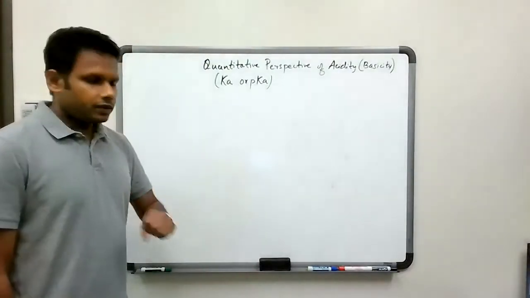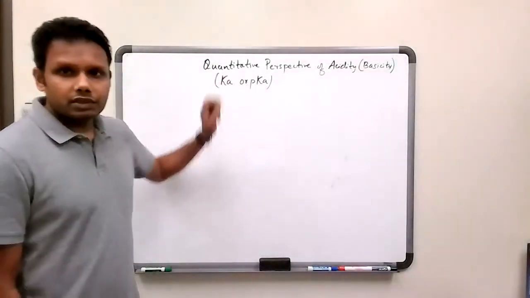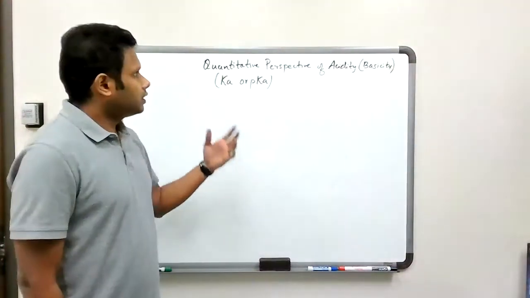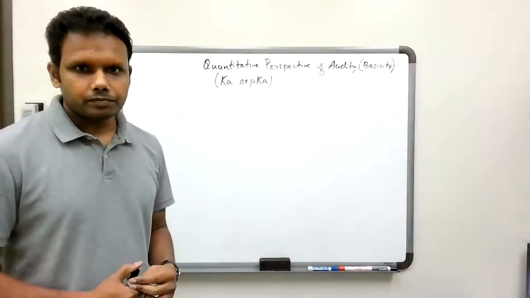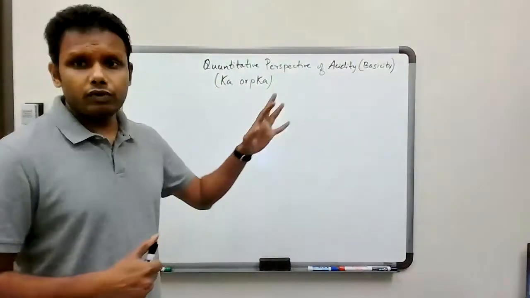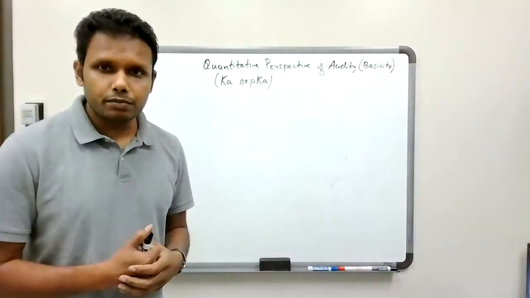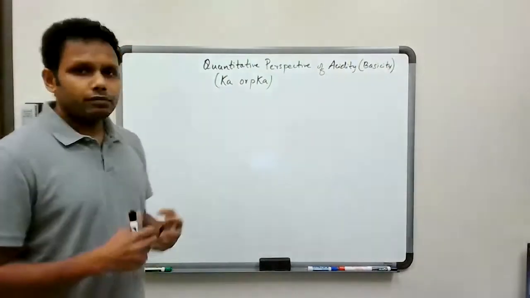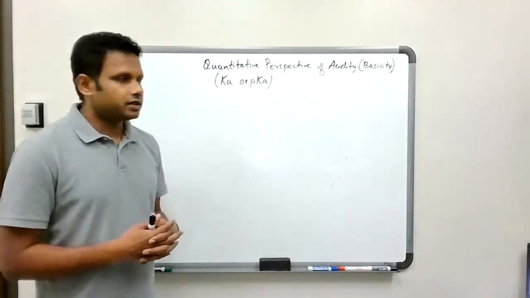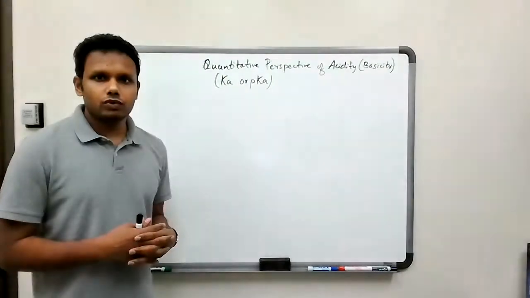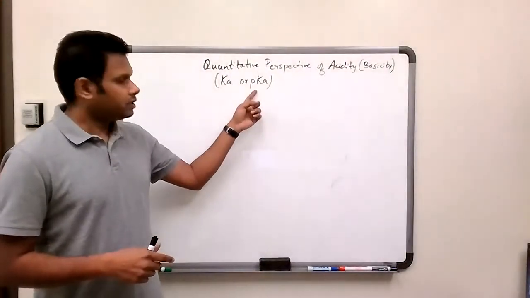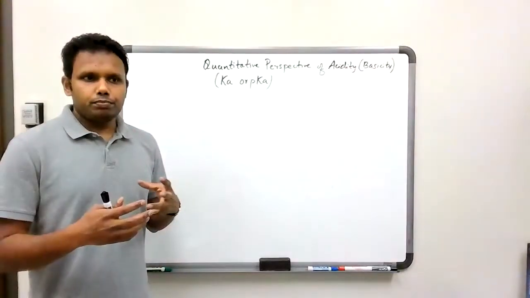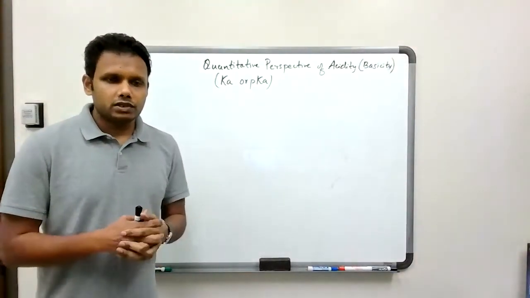In this particular video, we're going to discuss a quantitative perspective of acidity, and we will then expand it to basicity. And pretty much the learning objective here is that by the end of this video, you would be able to use Ka or pKa to determine which is a stronger acid.